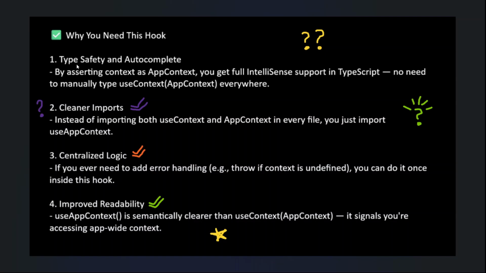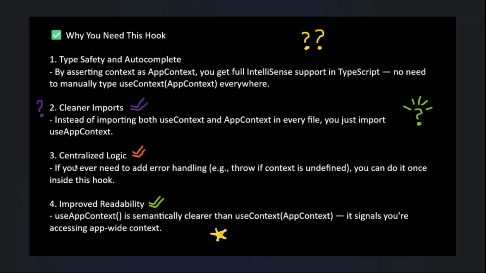The first reason is type safety and autocomplete. By asserting context as AppContext, you get full IntelliSense support in TypeScript. No need to manually type useContext, AppContext everywhere. The second reason is cleaner imports. Instead of importing both useContext and AppContext in every file, you just import useAppContext.